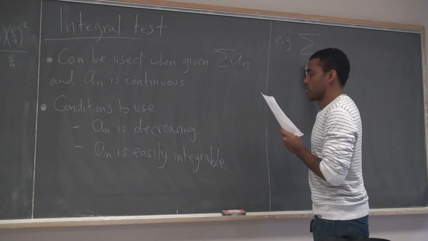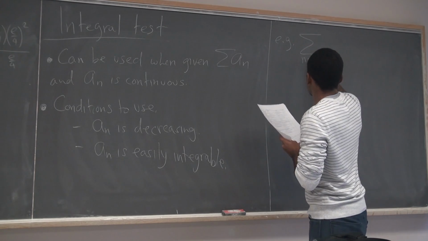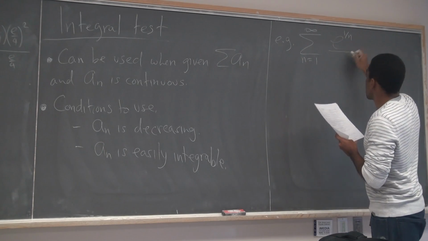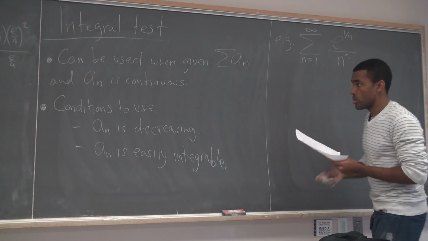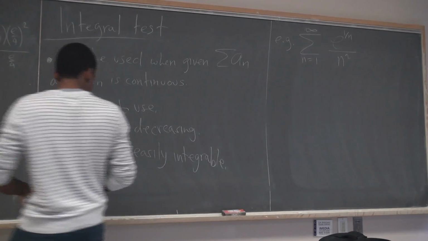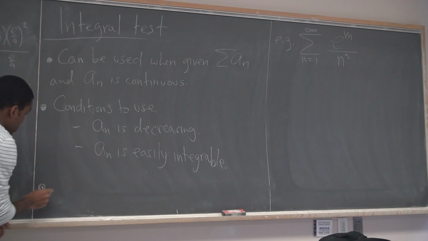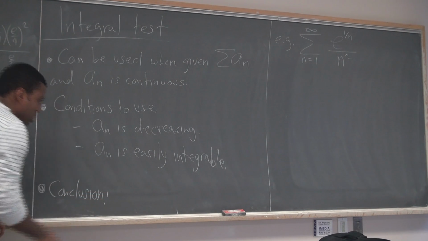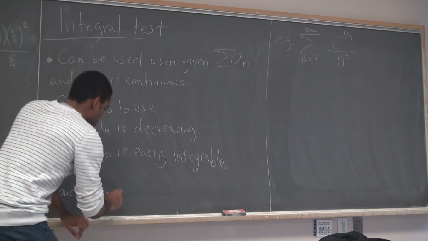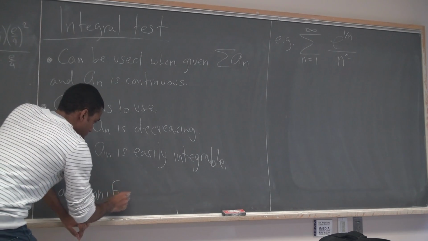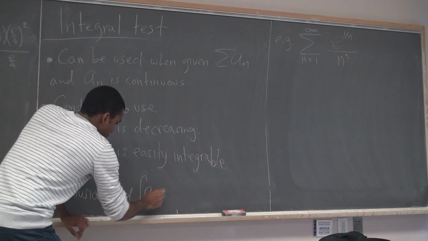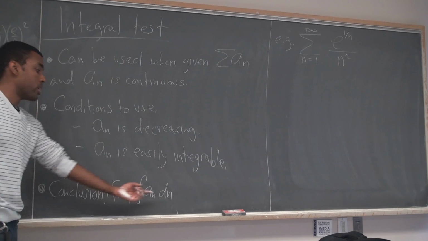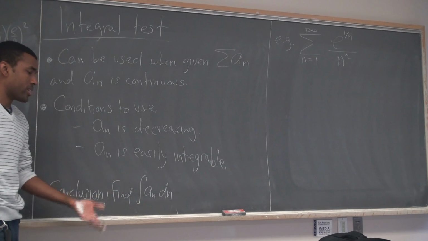Here's a series, n equals 1 to infinity, of e to the 1 over n squared. I'm going to be a little informal here. Find the integral of a_n dn. They don't like to write it like that. They write this as f of x dx, where you just replace all the n's here with x.